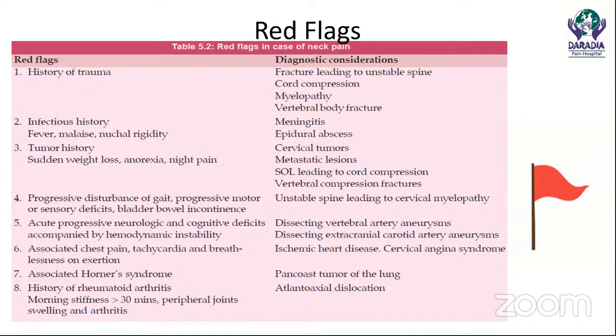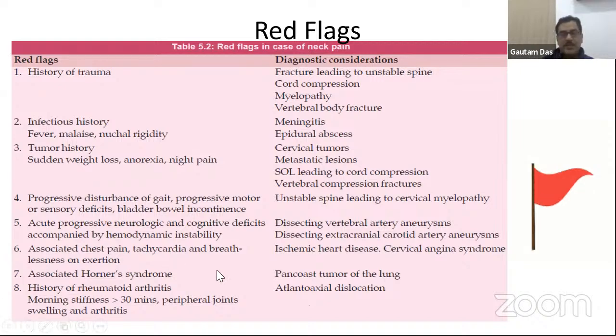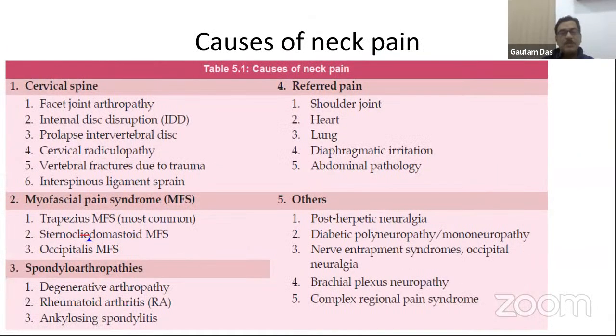Okay. So what I was discussing was probably, have you seen this red flag slide? I was saying that any pain should be broadly classified into intrinsic pain, meaning the pathology is there in that particular structure, or extrinsic, which is also called referred pain.